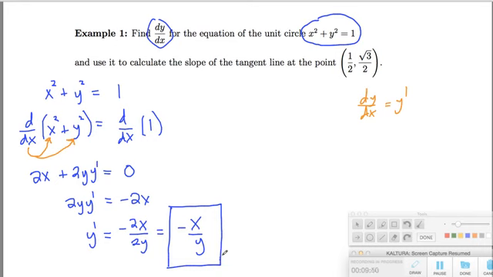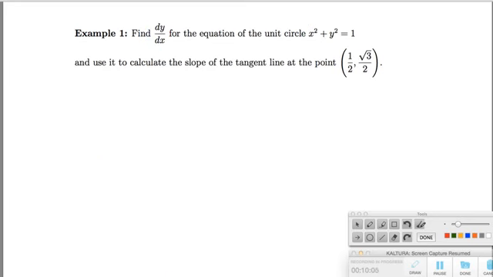Now, as soon as you're ready, we can go ahead and get the slope of the tangent line. So pause the video if you're still taking notes. Otherwise, we're going to move on to finding the slope of the tangent line. Now recall, we found y prime, or dy dx, to be negative x over y.